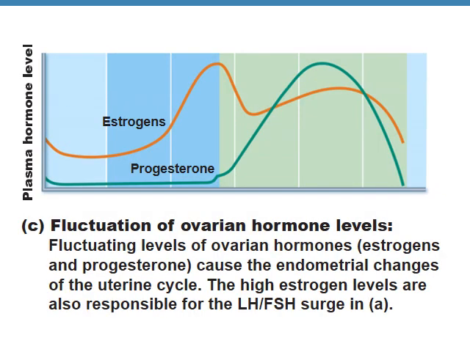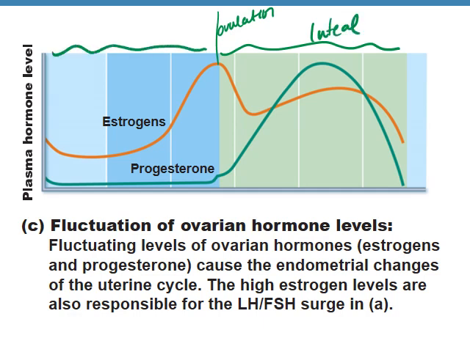Now look at estrogen and progesterone levels. So here's the same line. That line is ovulation. All of this is luteal, and all of this is follicular. So we're going from small follicle to large follicle.